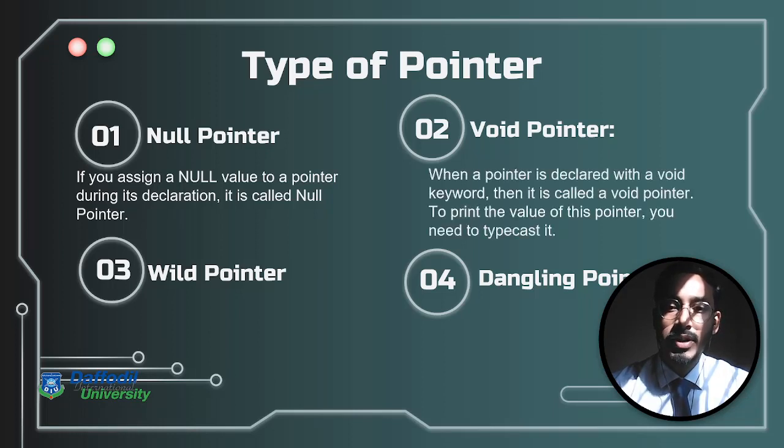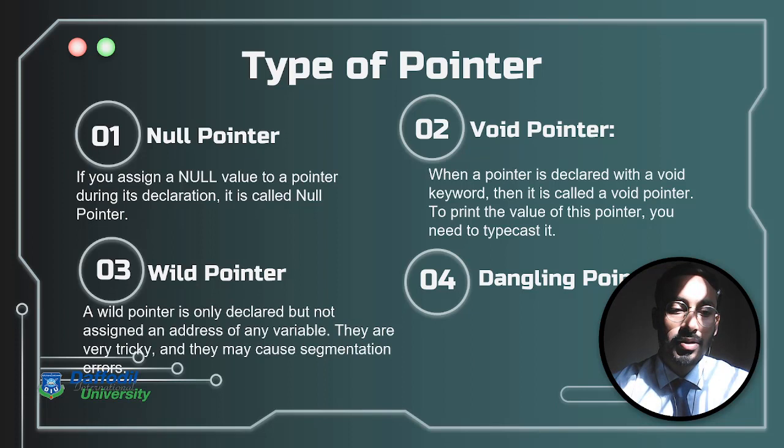And a void pointer: when a pointer is declared with the void keyword, then it is called a void pointer. To print the value of this pointer, you need to typecast it.